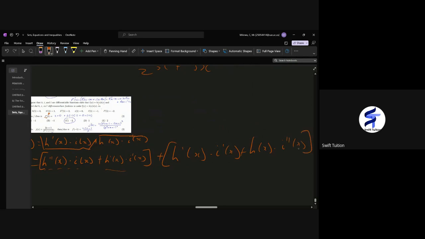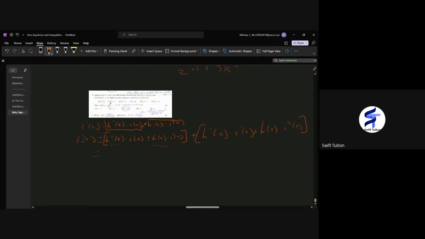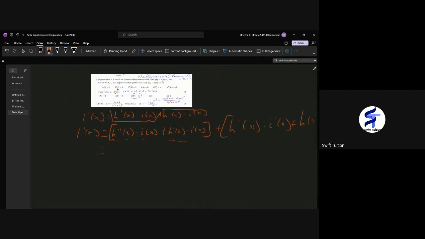Then you can simplify this, of course, and that is the second derivative. The last thing is just to plug in 5 everywhere, checking which 5 you're going to be using, and the rest is just algebra.